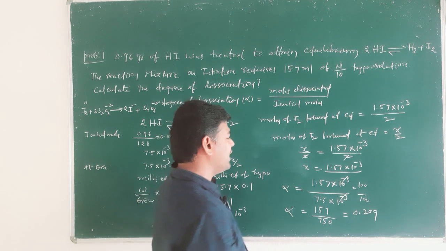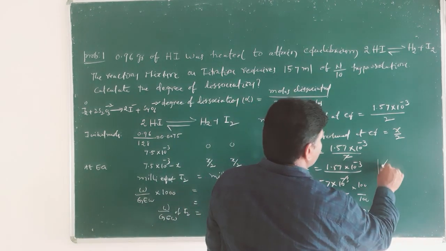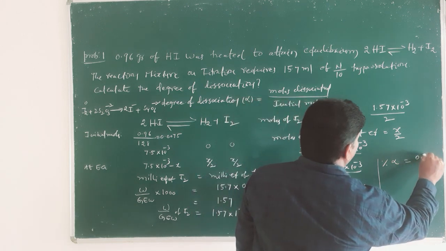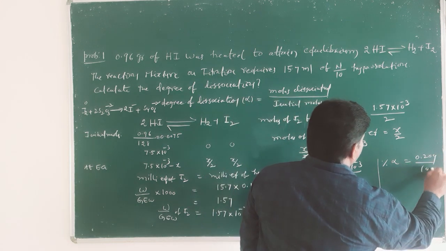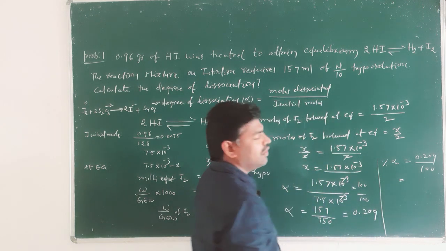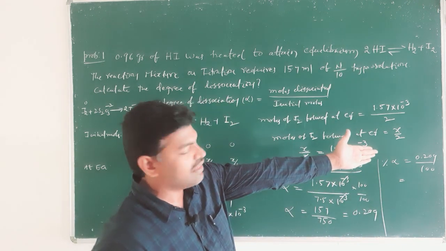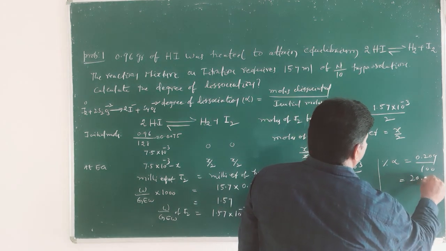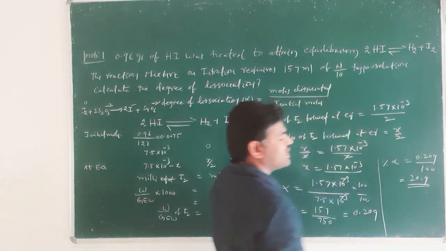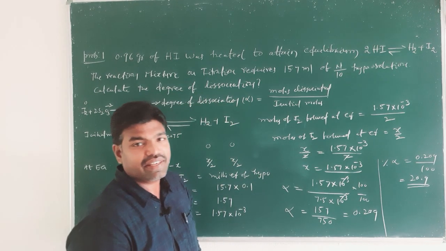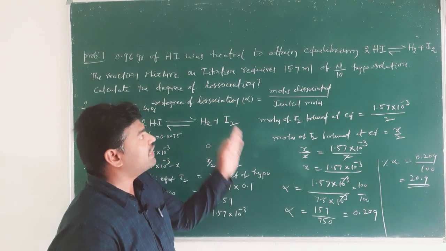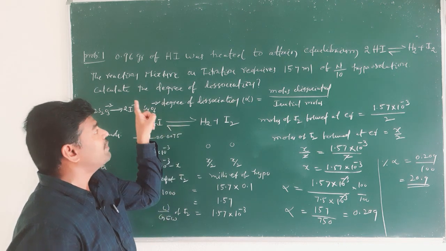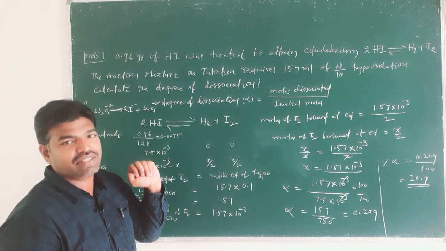Then we can calculate the percentage degree of dissociation, which is 0.209 by 100, that comes out to be 20.9. In this way we can calculate the degree of dissociation, because most of the problems ask to calculate the degree of dissociation.